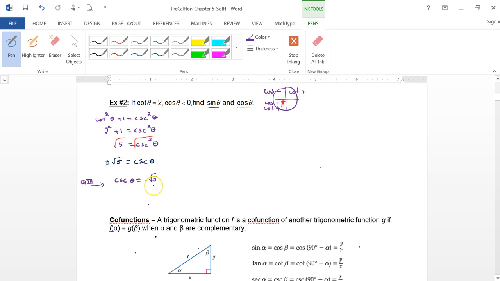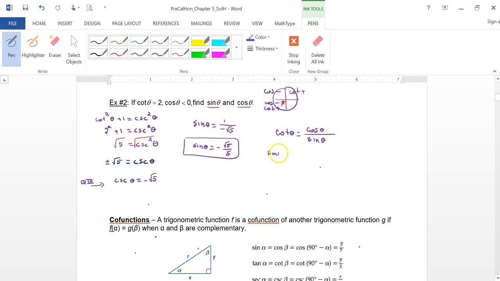If cosecant is negative root 5, sine theta is 1 over negative root 5, which is negative root 5 over 5. What about cosine? Cotangent of theta is cosine theta over sine theta.